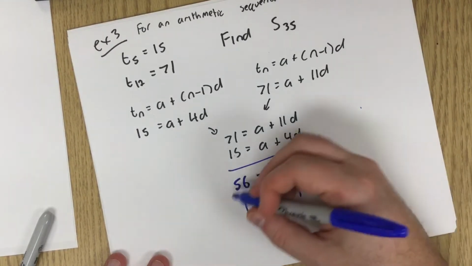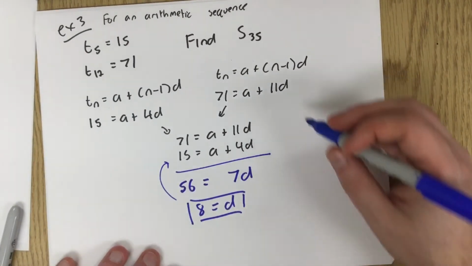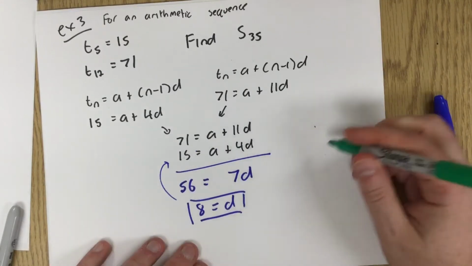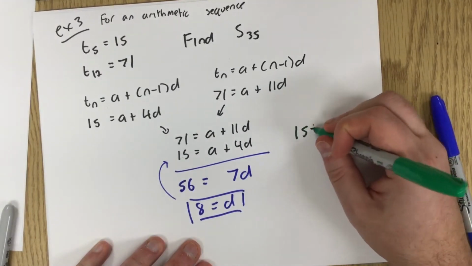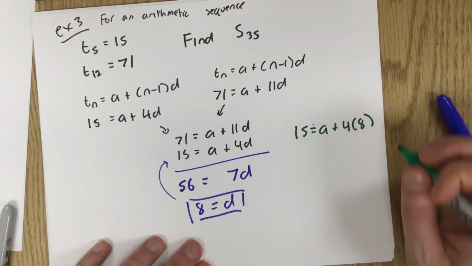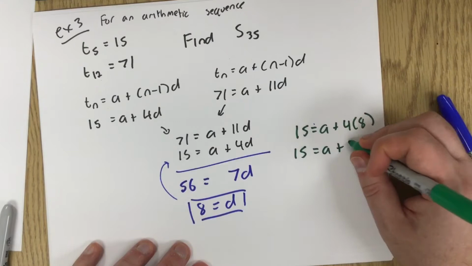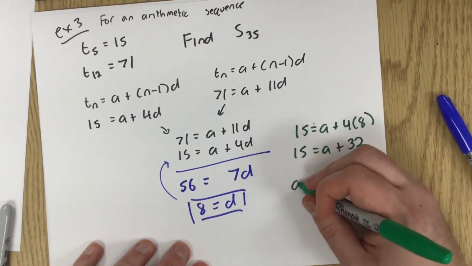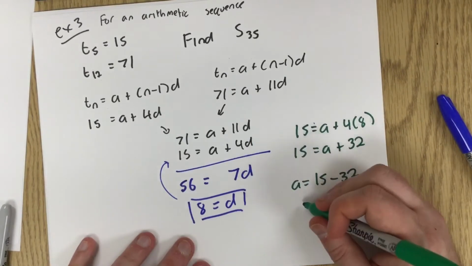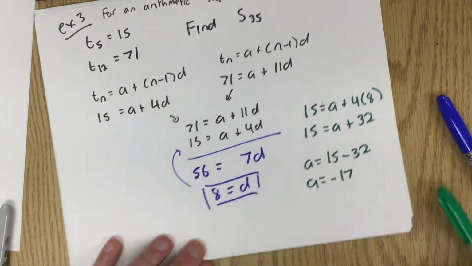Then we're going to sub d equals 8 into this equation over there. And so that's going to give us 15 equals a plus 4 times 8. So 15 equals a plus 32. So a is 15 minus 32, which is negative 17.